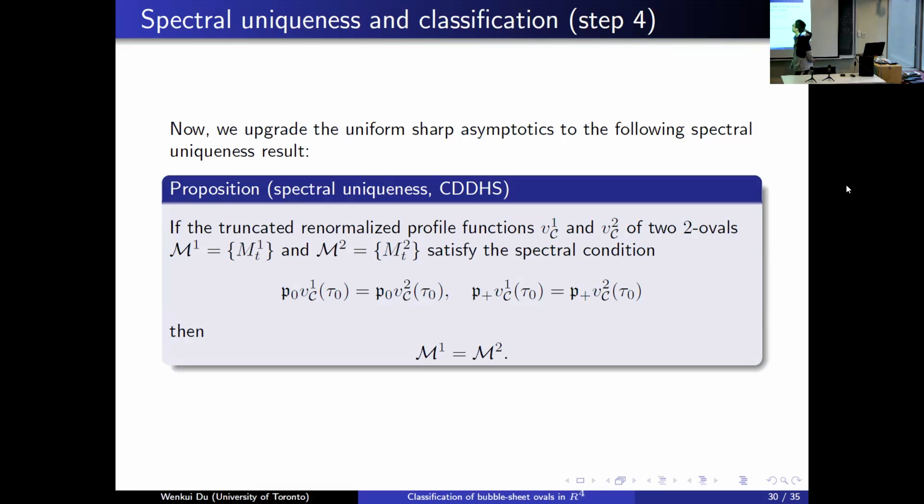We can upgrade the sharp asymptotics to the following spectral uniqueness. It says that if their profile functions, after the scaling and recentering, have modes that agree, the positive mode and the neutral mode, then they are actually the same.